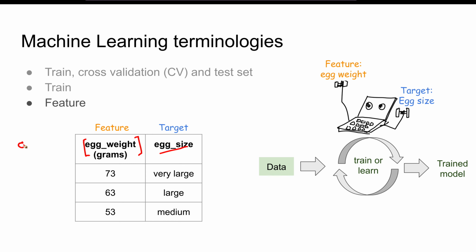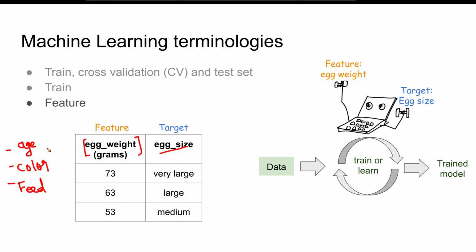Let's say, for example, it could be age of the chicken, that could be one parameter, or the color of the egg, that could be another one, or the feed that is given to the chicken, does that affect the weight? So that could be another feature as well.